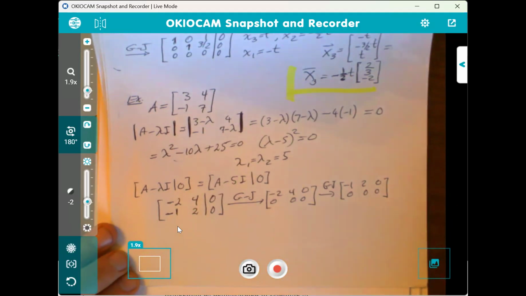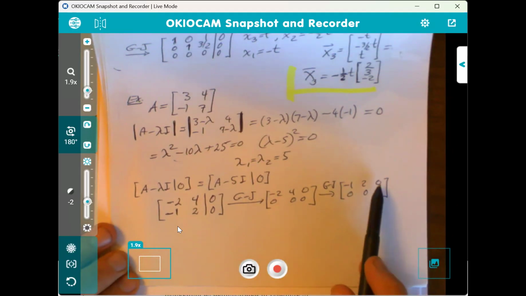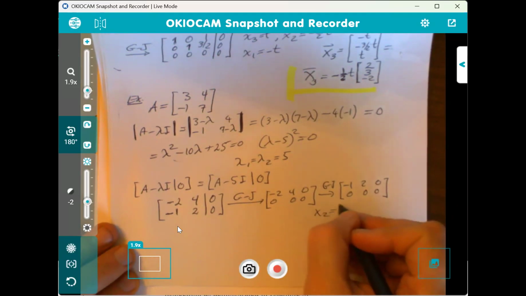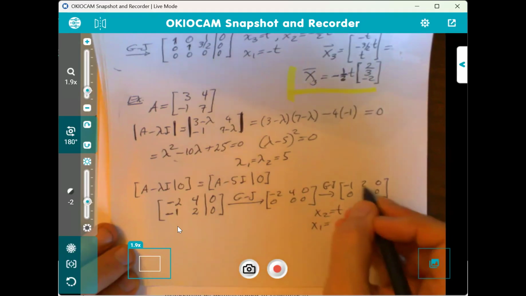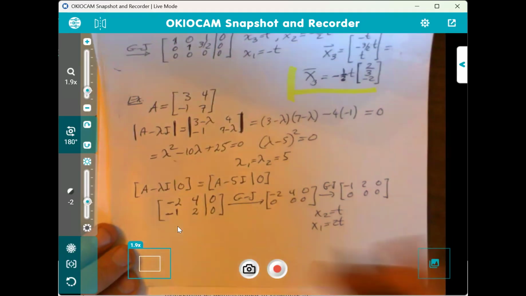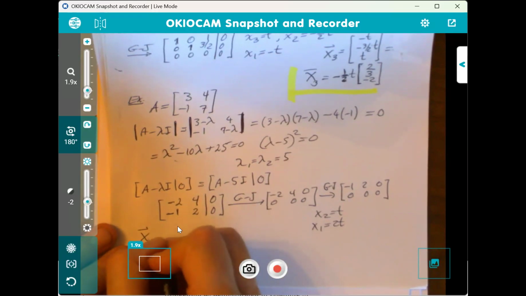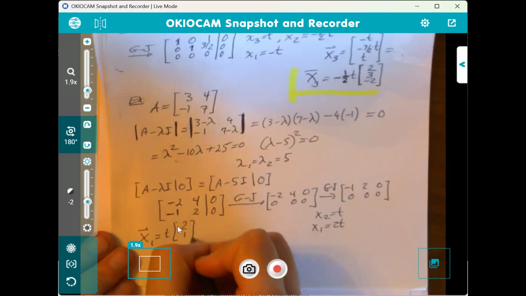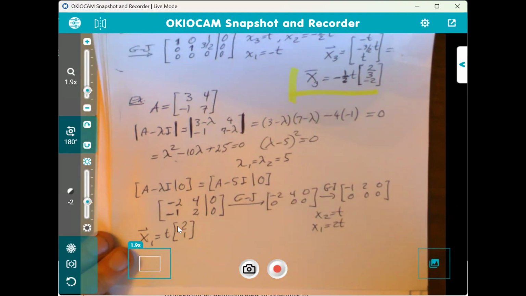Either way would work, so I'm going with this version. In this version, the free variable is x2, and x1 is going to be 2x2. Therefore, one eigenvector is going to be t times (2, 1), correct?